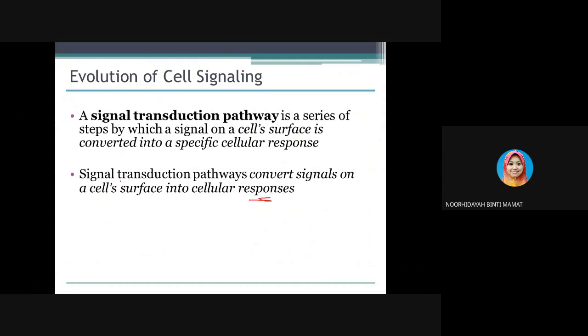So actually we are talking about transduction. Transduction is the action or process of converting something, especially energy or a message, into another form. So here it converts the signal into a response.